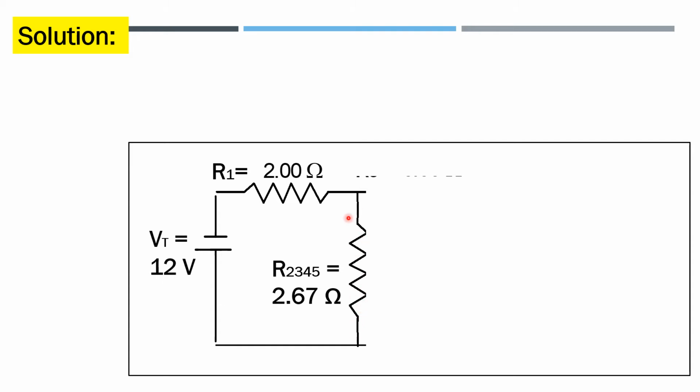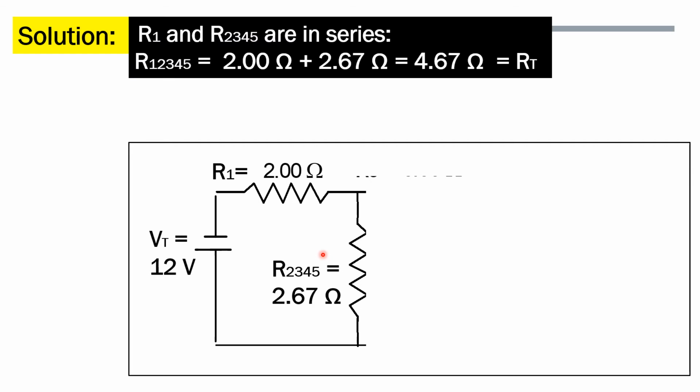When we add them, we just use the formula for getting the total resistance for series resistors. The combination of resistors R1,2,3,4,5 is equal to 2 ohms plus 2.67 ohms, and that gives us 4.67 ohms.